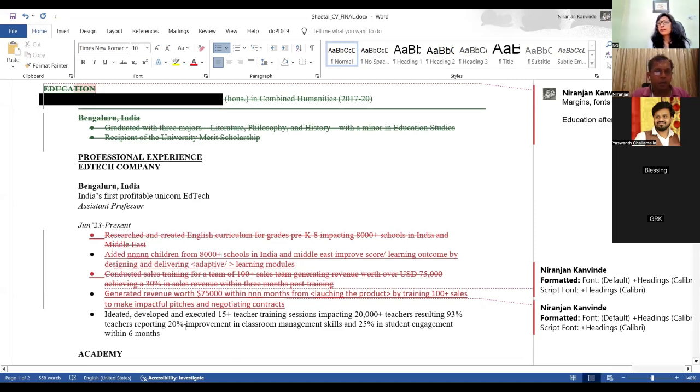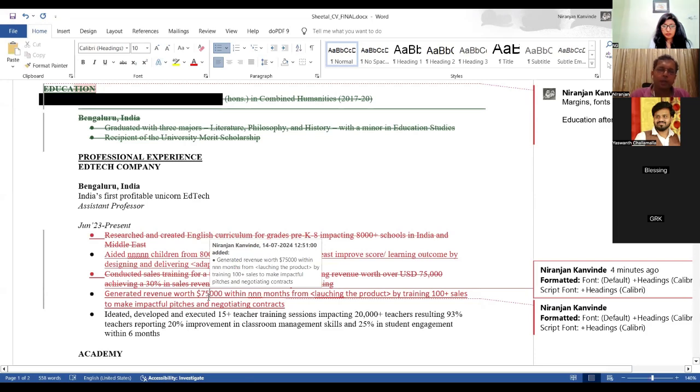And there is revenue involved. Correct. So revenue and all that depends upon it. Say first you did something related to sales, and then something related to a product launch.